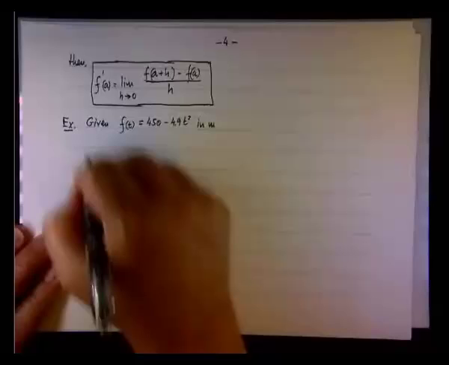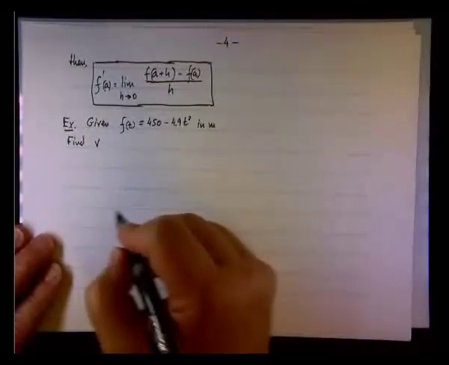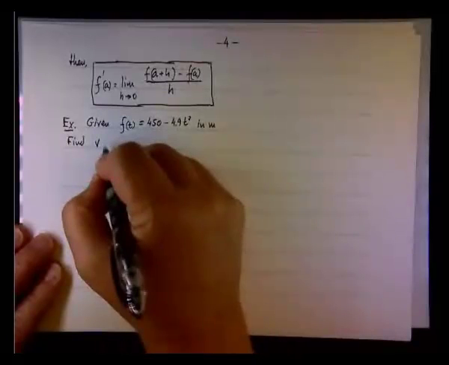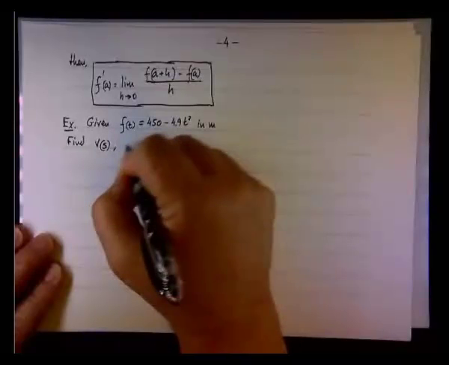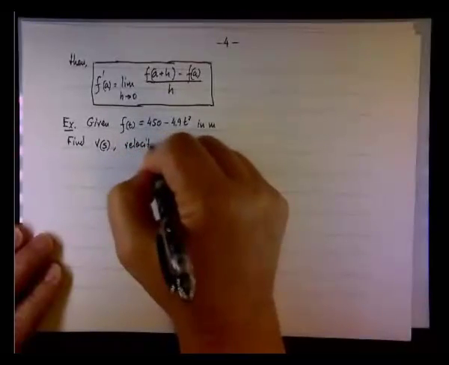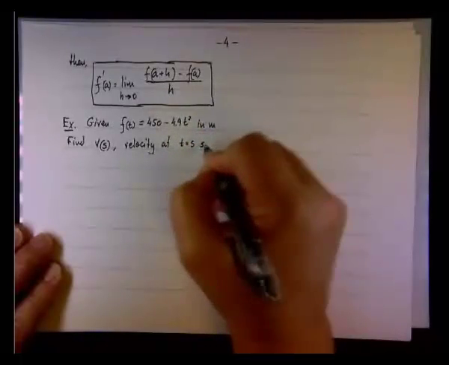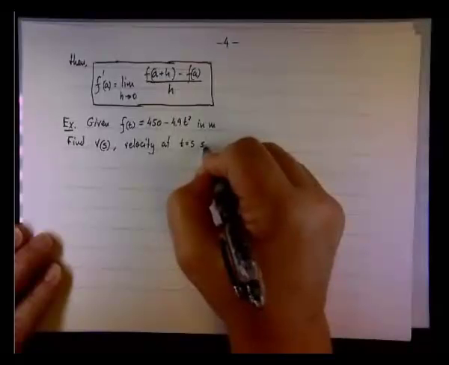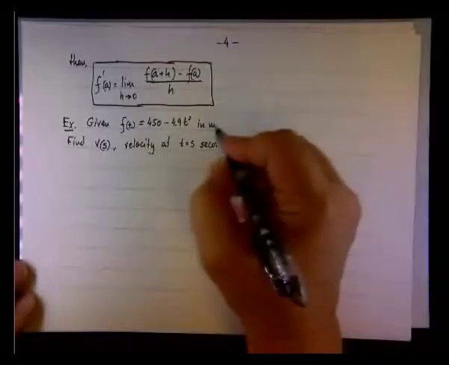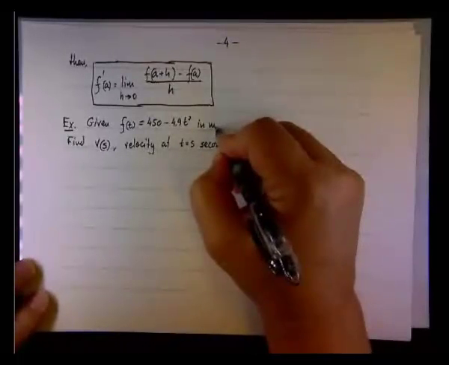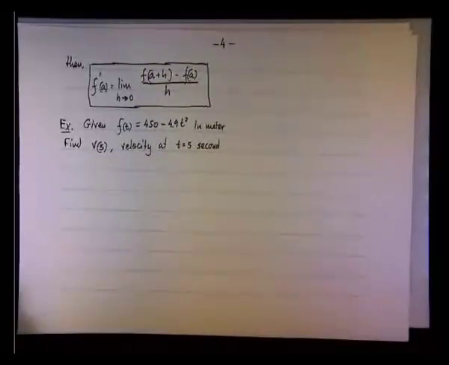What we want to find is the velocity at 5 seconds. Okay, so you recognize that this is a free fall function.